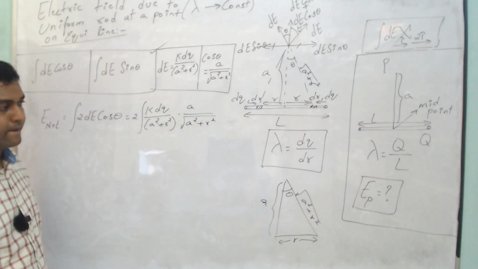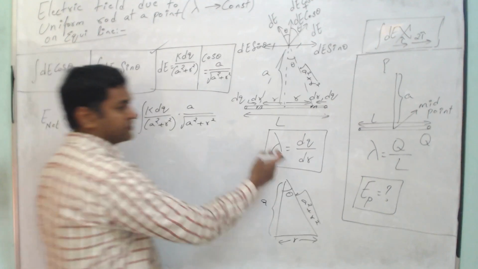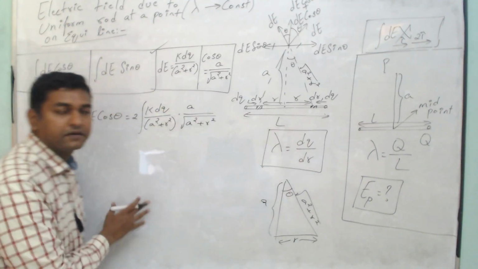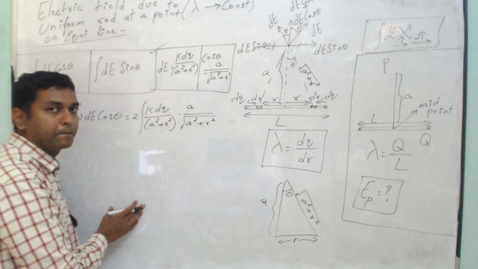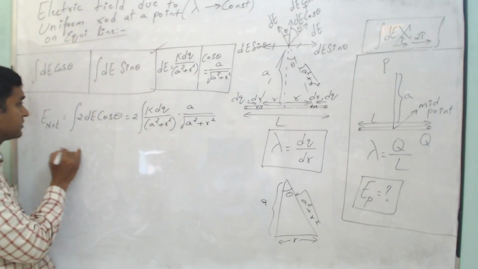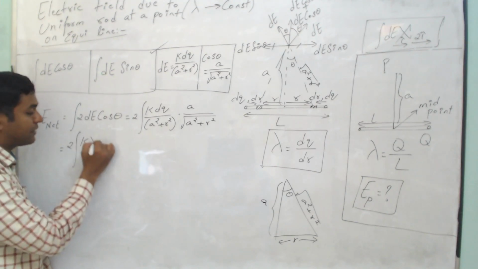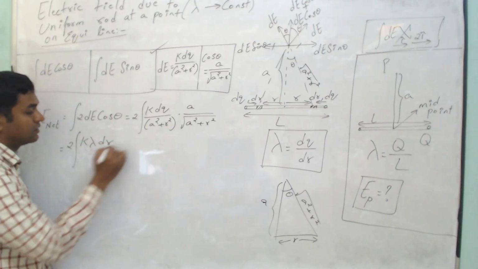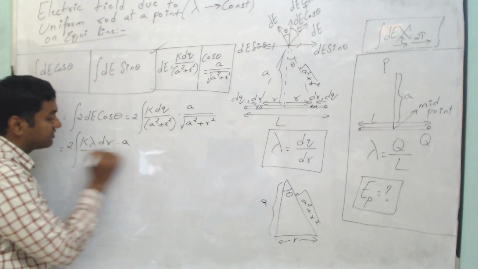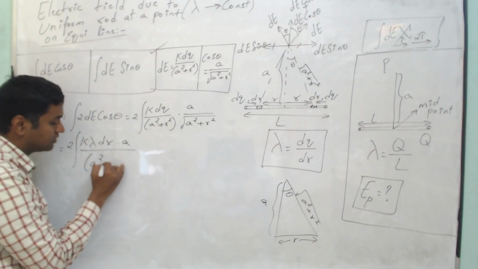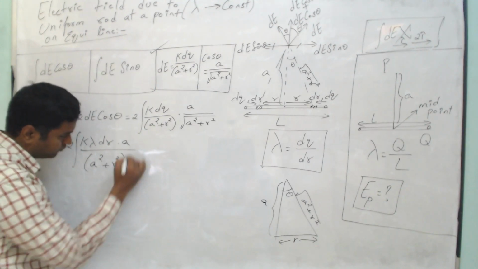Fine. Yes, sir. From this particular situation, I know dq is lambda into dr. So I'll substitute that. So 2 integral of k lambda dr into a, divided by, if I combine these two, a square plus r square to the power 3 by 2.